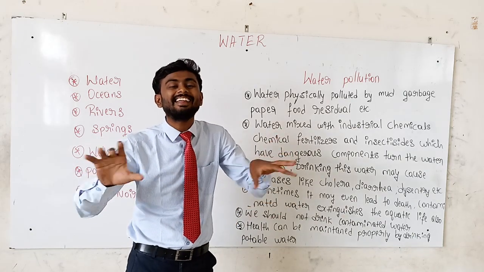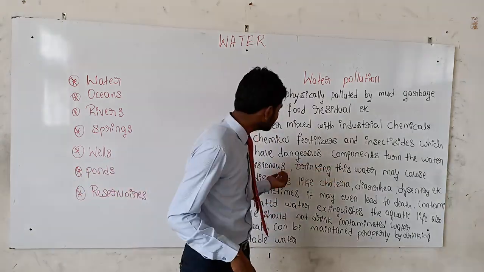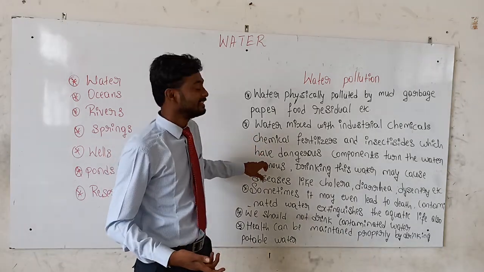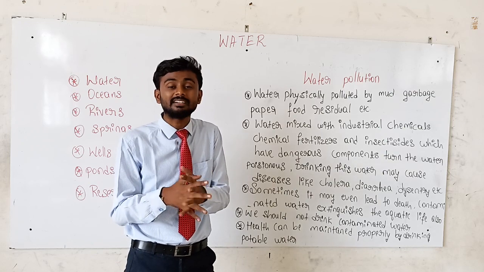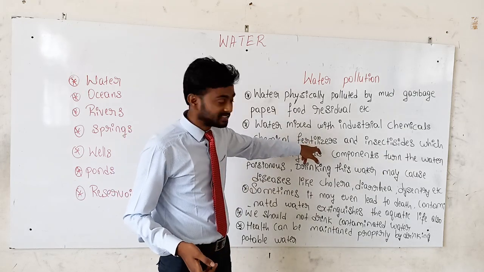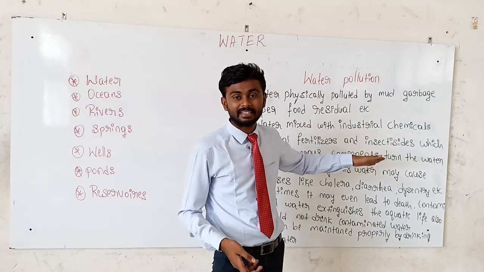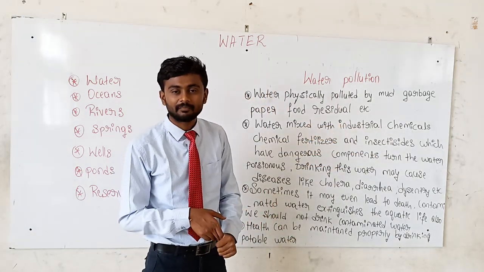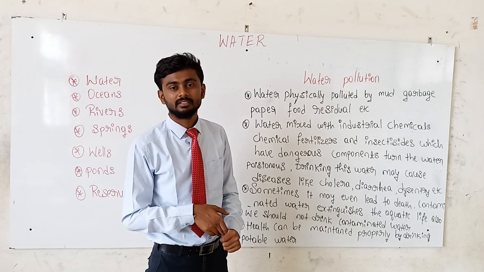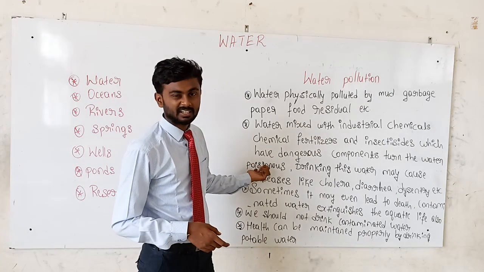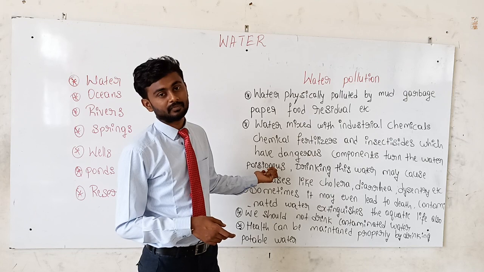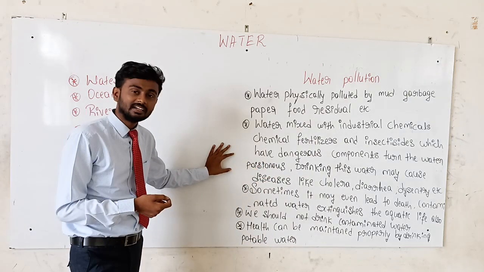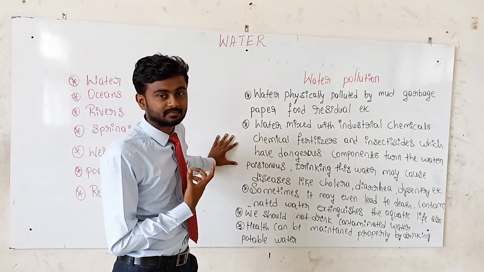If potable water is mixed with fertilizers, chemicals, insecticides, pesticides, and industrial chemicals, what does it become? Poisonous water. It is dangerous to health.